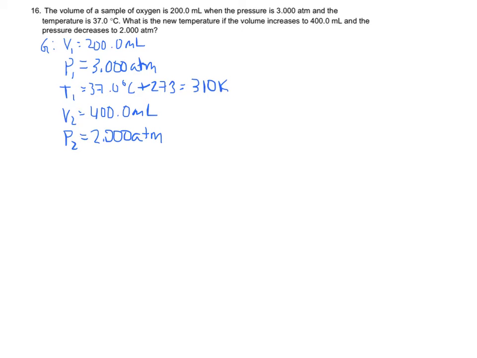All right. And it says, what is the new temperature? So we know that we're looking for temperature. We know that we're going to be looking for it in degrees Celsius because our initial was given in degrees Celsius. Remember, though, that when we solve for this, we're going to get it in K, and we're going to have to convert.